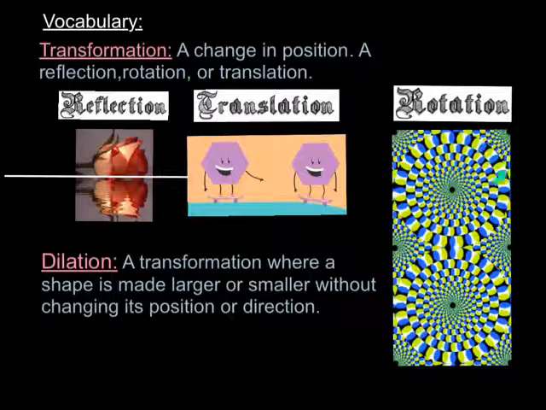These circles moved or went around, but the shapes themselves, the little ovals, stayed the same size all the way throughout the circle. In a dilation, what happens is that once you move your shape, it becomes larger, or it could become smaller without changing its position or direction.